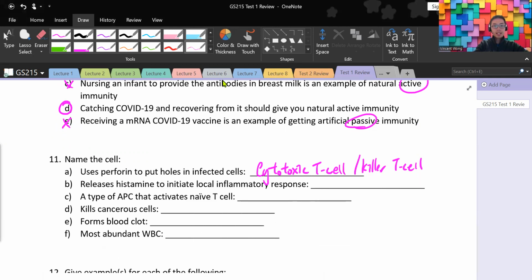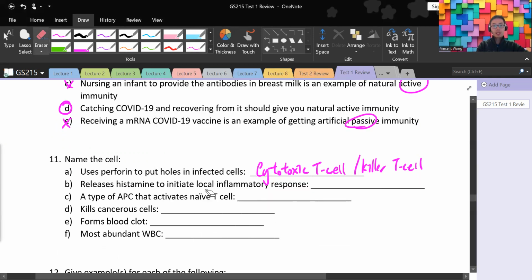Releases histamine to initiate local inflammatory response. That would be mast cells, right? Local is the key word here.